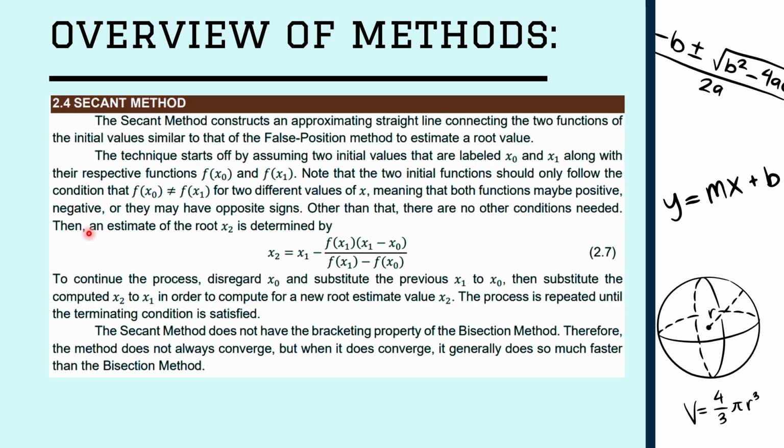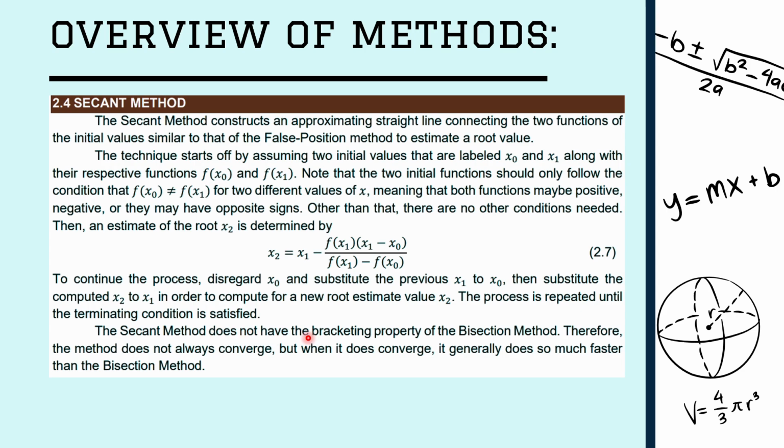Then an estimate of the root x sub 2 is determined by this formula: x sub 2 is equal to x sub 1 minus f of x sub 1 times x sub 1 minus x sub 0 over f of x sub 1 minus f of x sub 0. To continue the process, we disregard x sub 0 and substitute the previous x sub 1 to x sub 0. Then substitute the computed x sub 2 to x sub 1 in order to compute the new root estimate value, x sub 2. The process is repeated until the terminating condition is satisfied.